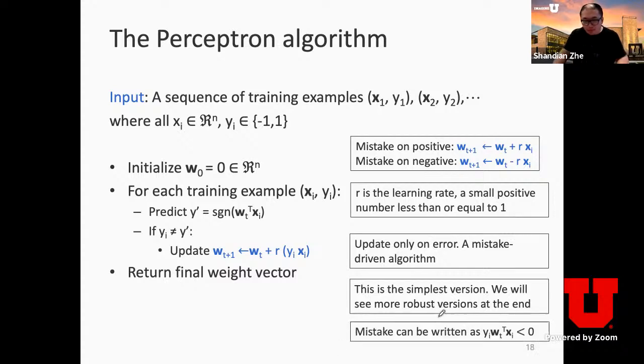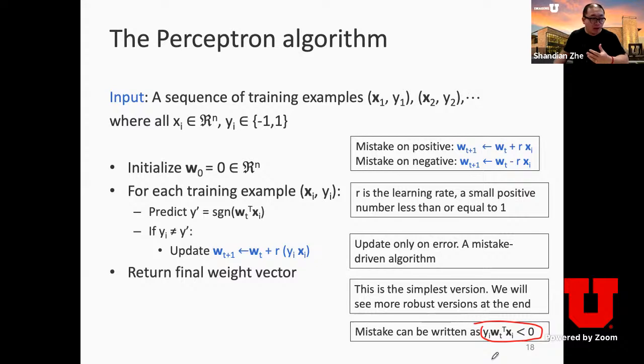One last thing: we should be aware that to check if our prediction is correct or not, we can use this inequality. If this inequality holds, it means our current prediction on the training example xi, yi is wrong. Otherwise, our prediction is correct. So now I want to ask why.